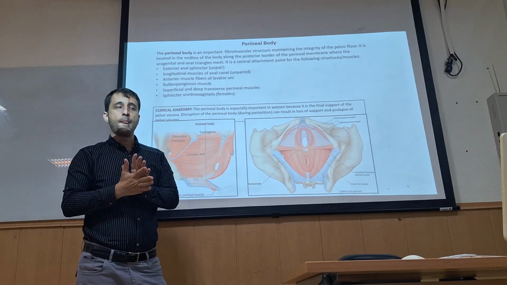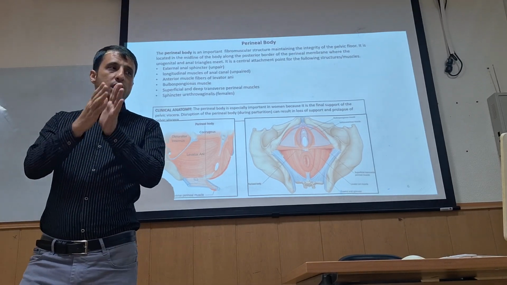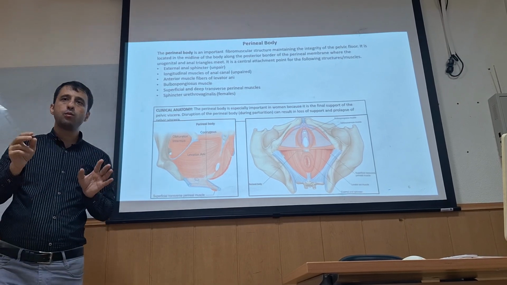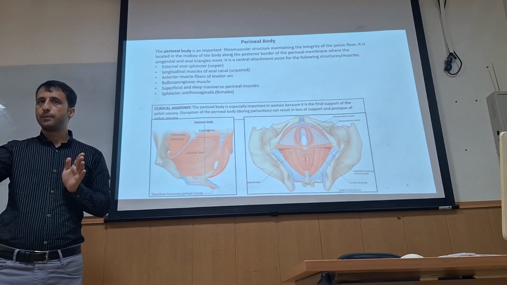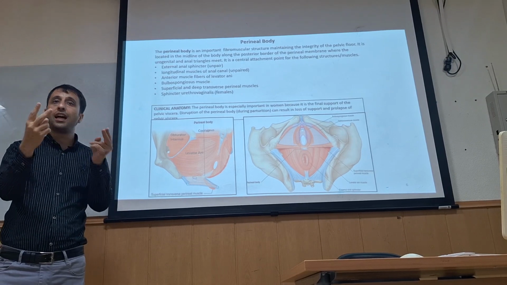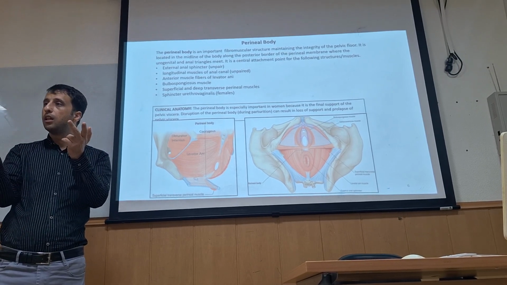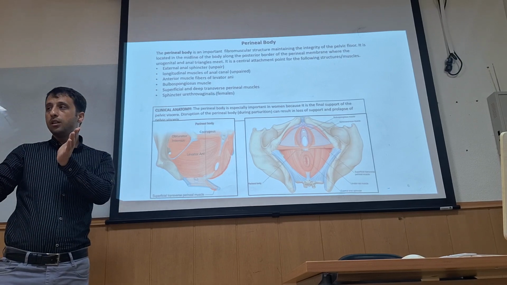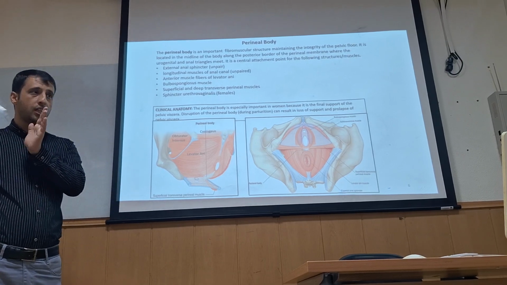The bulbospongiosus muscle. In the male perineum we have just one bulb, but in the female we have two bulbs, which are named the bulbs of the vestibule, and in the male it is named the bulb of the penis.